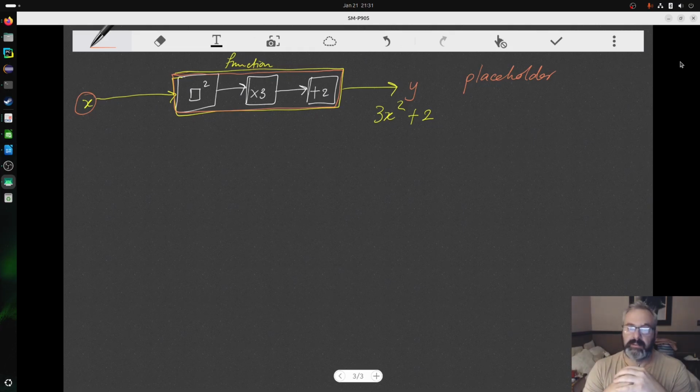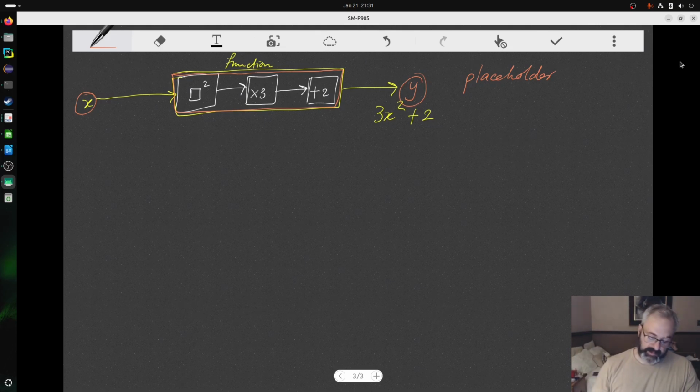It really doesn't matter. The important thing is that we are using letters to take the places of numerical values that we don't know yet. So we can use a Y as the output because we don't know what the output must be.